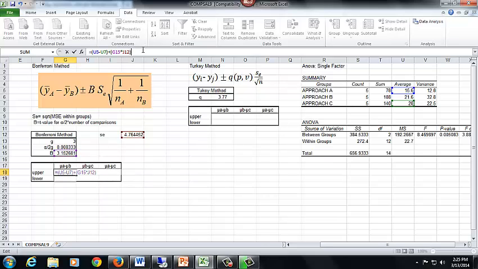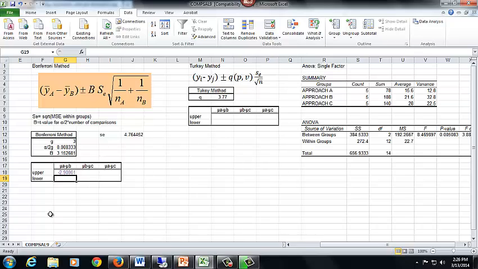Okay, all of that times the square root of 1 over 5 observations here in A plus 1 over 5 observations here in C, and I want all of this to be in parentheses to show that this entire second term is going to be added onto there. And I get negative 2.9 as my answer.